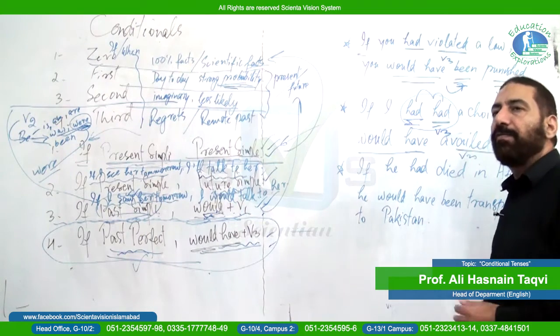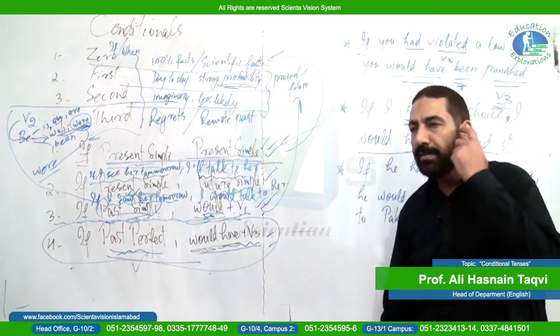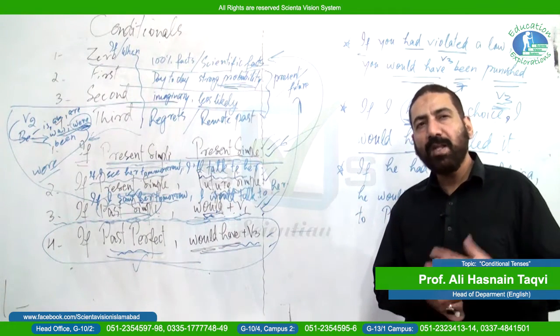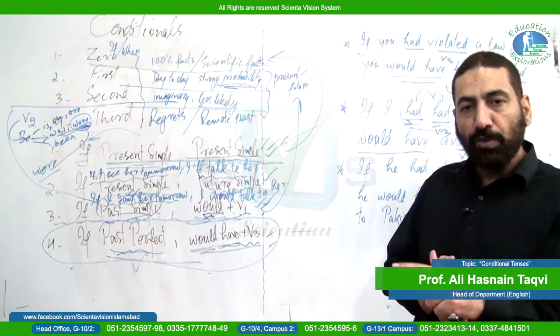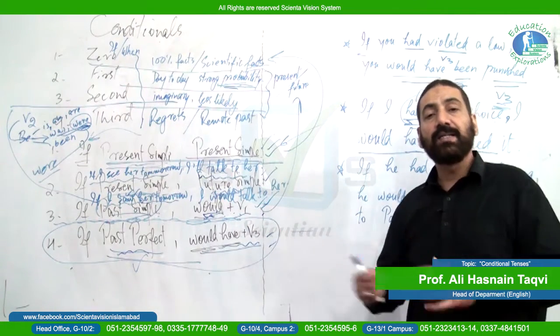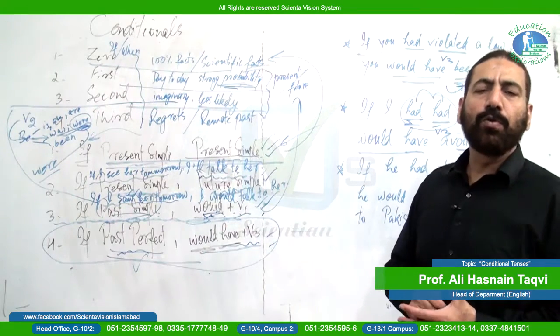He's like, if I had lived in America, I would have become a senator. The point is, this clause, if I had lived in America, shows that he doesn't live there anymore, or he is not there in that country. So it's a regret, in a way, a desire to revert to those good old times.